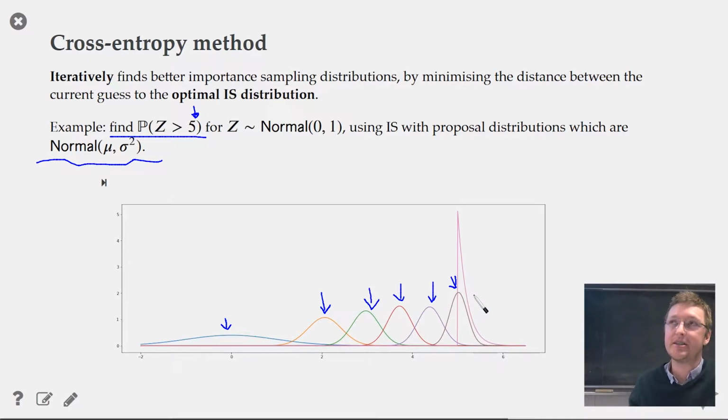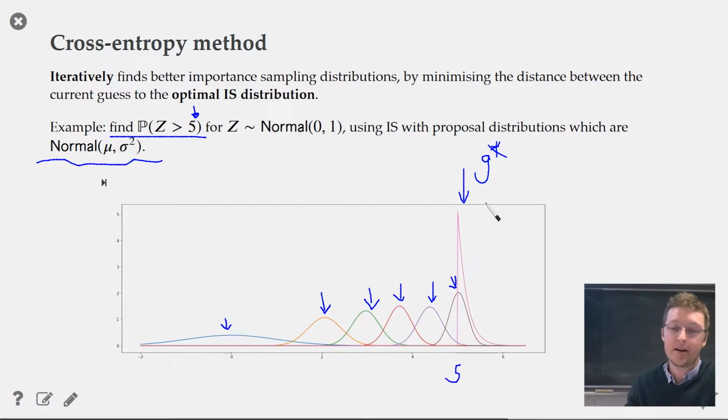And the way it's decided that is it's trying to get closer and closer to G star, which is that theoretical absolute best thing that you can do. That's not a normal curve at all. It's this weird kind of normal distribution that's been truncated to be greater than 5. So that's what this pink curve is here.